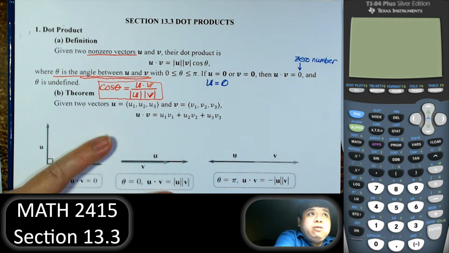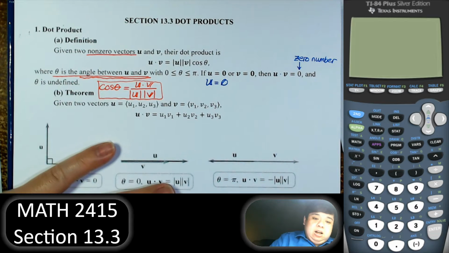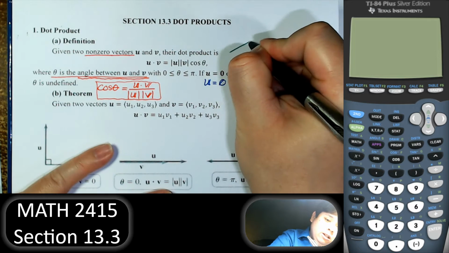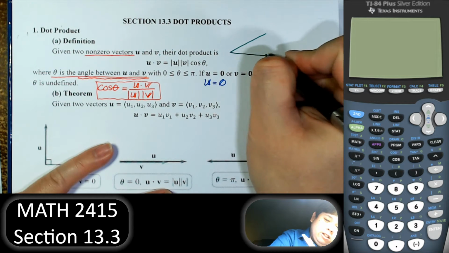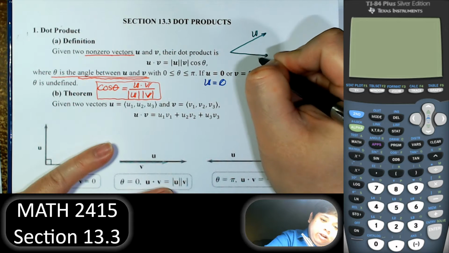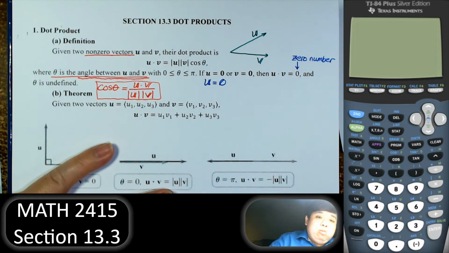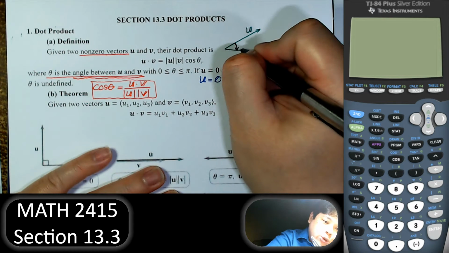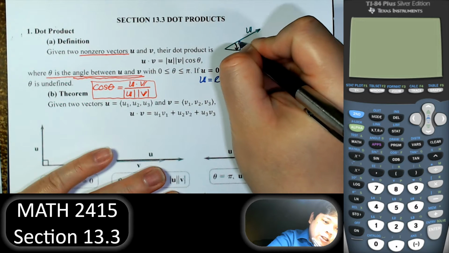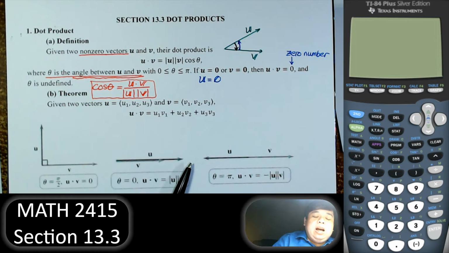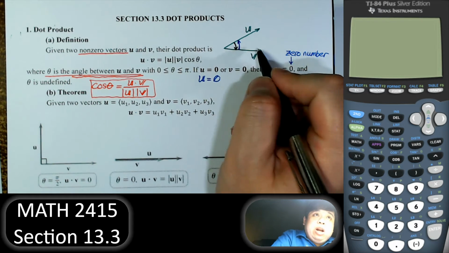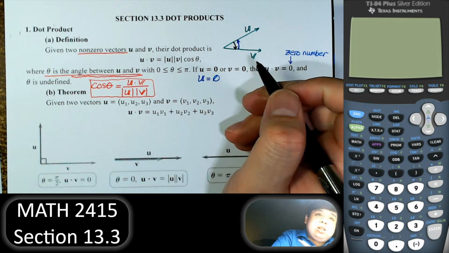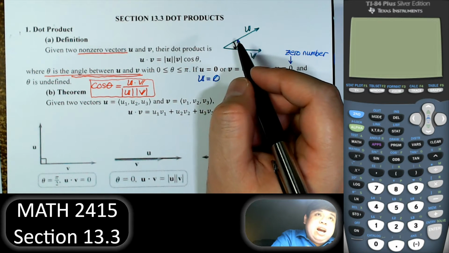Now, does it matter if it is the angle between u and v, or between v and u? So we have two vectors, u and v. Of course, the angle from u to v is different than the angle from v to u. Those angles are different, right? However, even though they're different, one of them should be positive when it's counterclockwise and negative when it's clockwise.